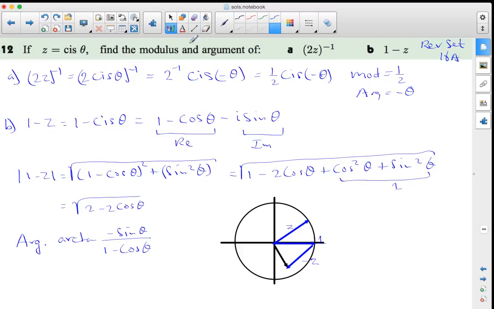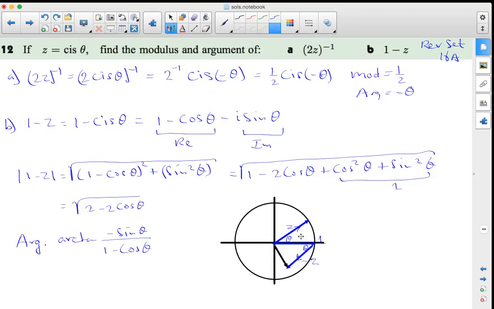Now, if z has an angle of theta there, then due to this one being parallel with that vector there, there is another angle theta right there.